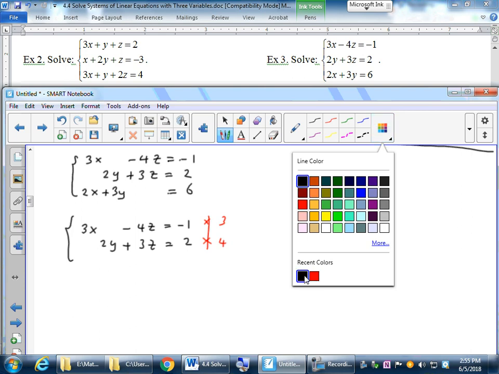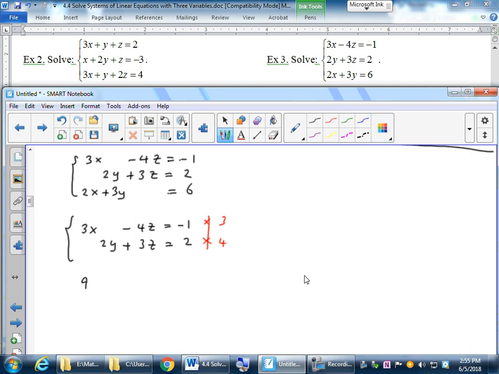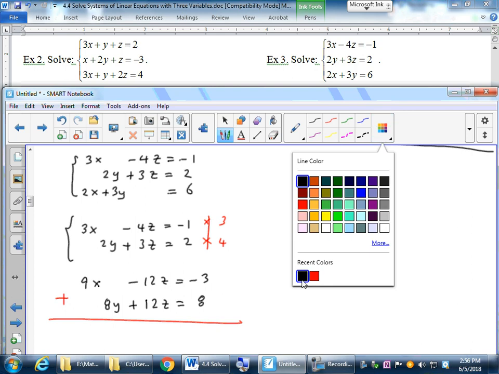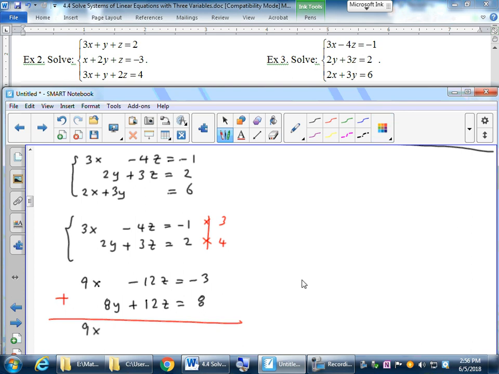So this gives us 9x minus 12z equal to -3, and 8y plus 12z equal to 8. And we're going to add these two equations together. So that gives us the result, which is 9x plus 8y equal to 5.